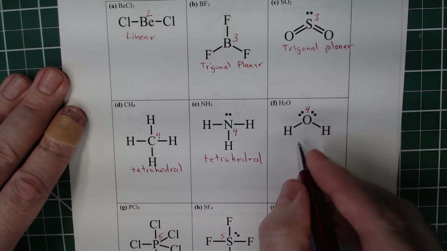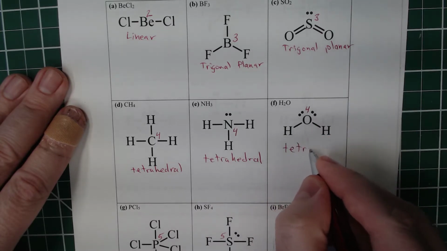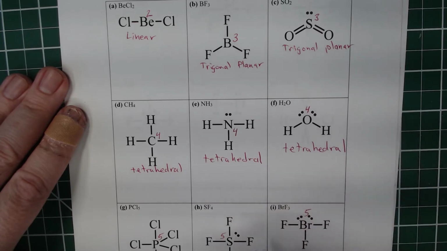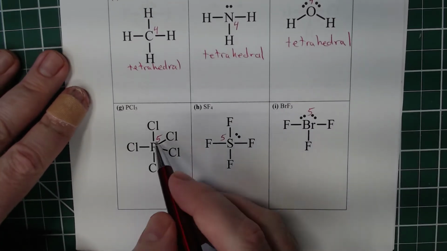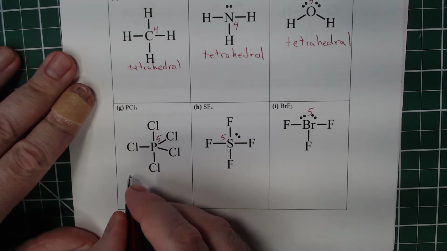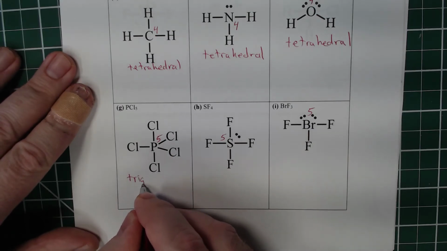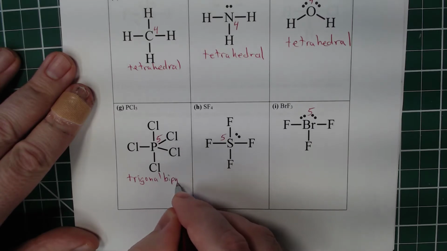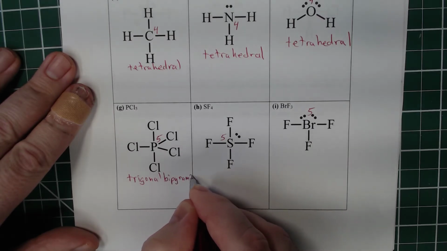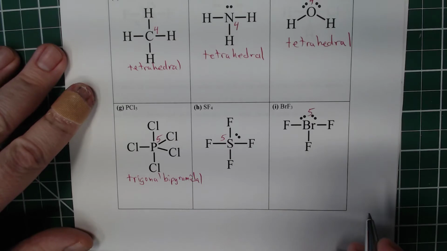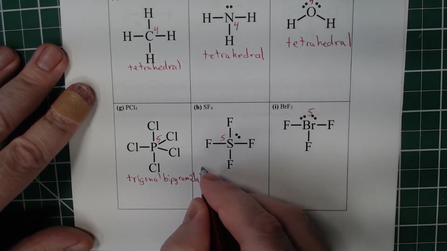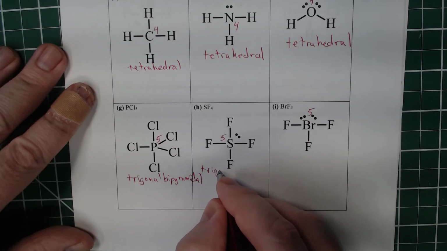And then this one has 4, that is also tetrahedral. When we have 5 domains, it will be trigonal bipyramidal. This one has 5 domains, as does this one, so these are also trigonal bipyramidal.